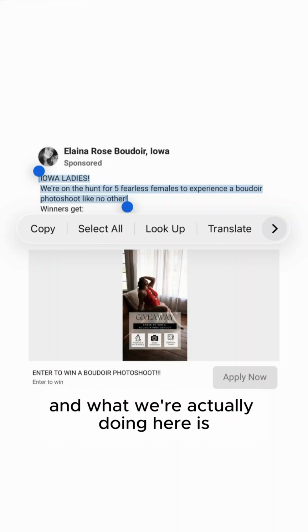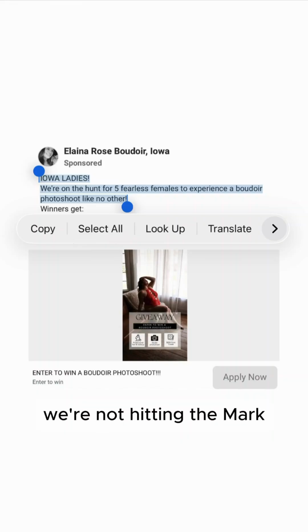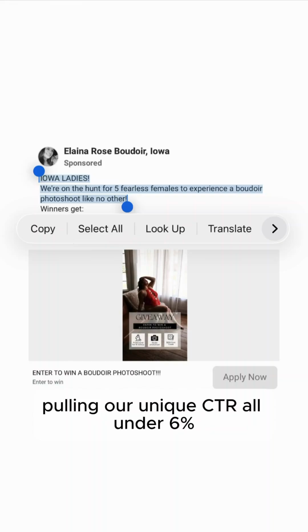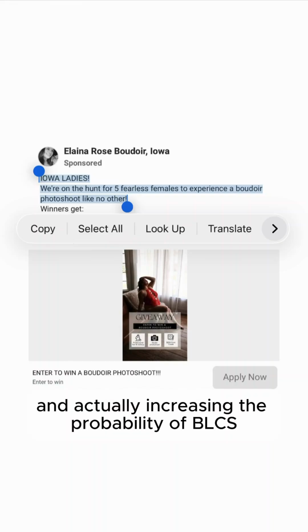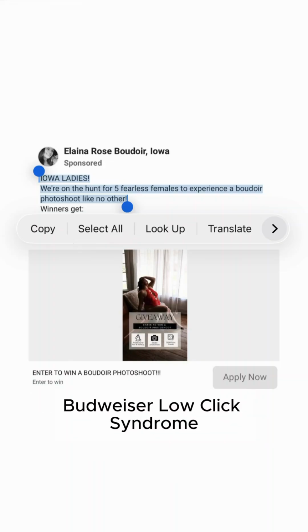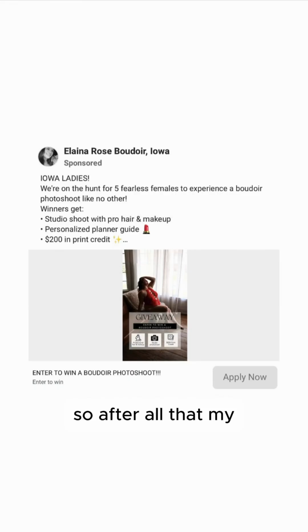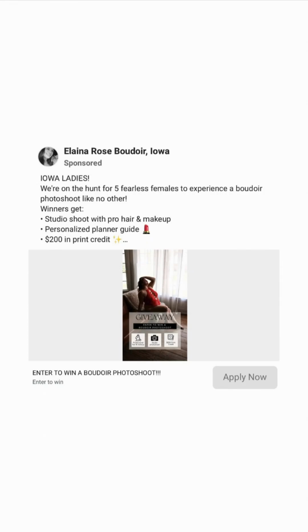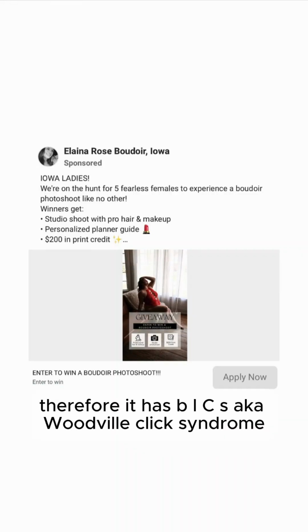And what we're actually doing here is not hitting the mark, causing way more women to scroll by our Boudoir Facebook ad than necessary, pulling our unique CTR under 6%, and actually increasing the probability we have BLCS, Boudoir low click syndrome. So after all that, my diagnosis is, I believe this Boudoir Facebook ad has a unique CTR under 6%. Therefore, it has BLCS, aka Boudoir low click syndrome.